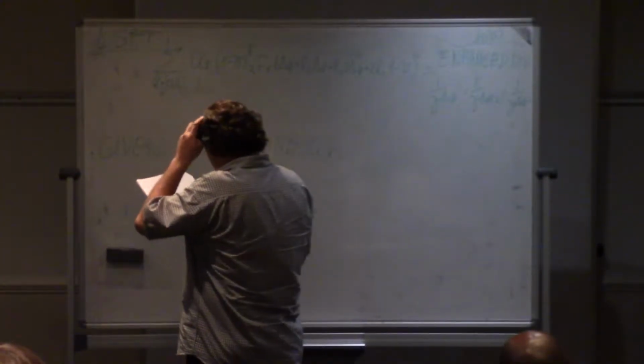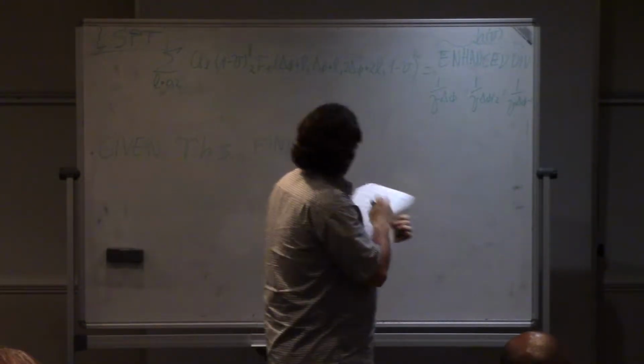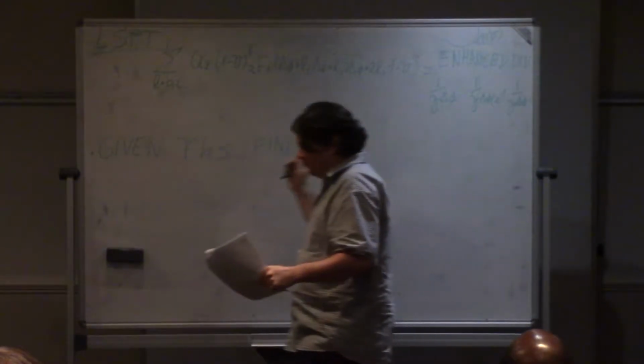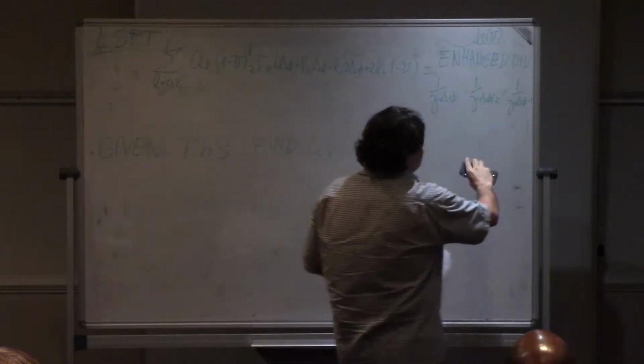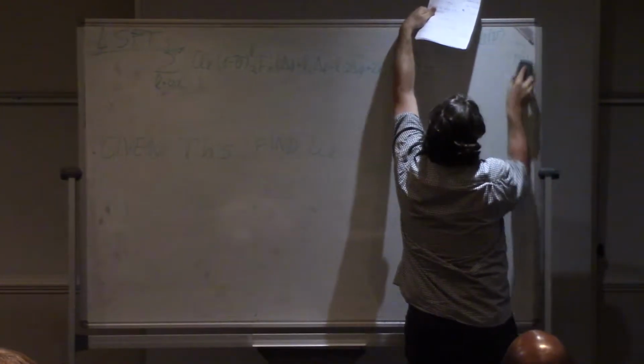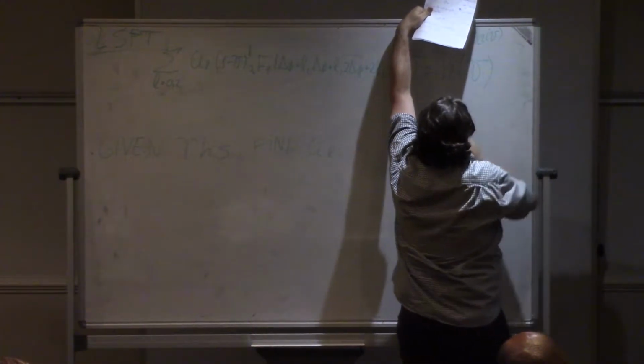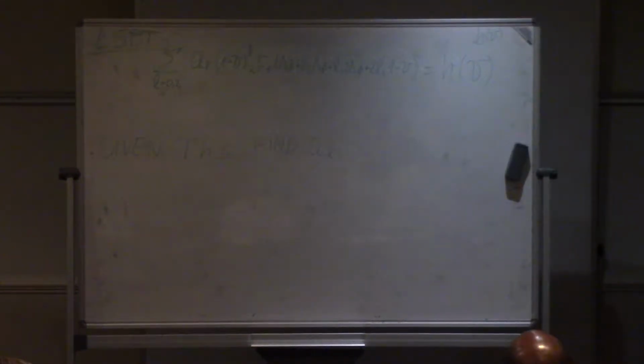Good. So let's first put some notation here. Let's call this h of b, and this could be 1 over b to some power.